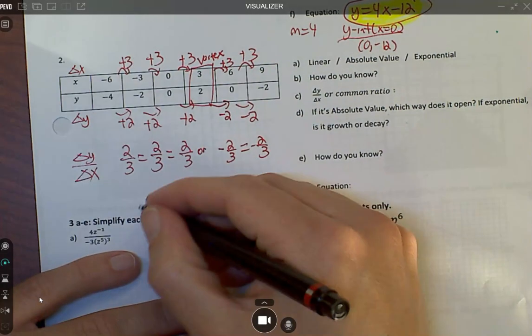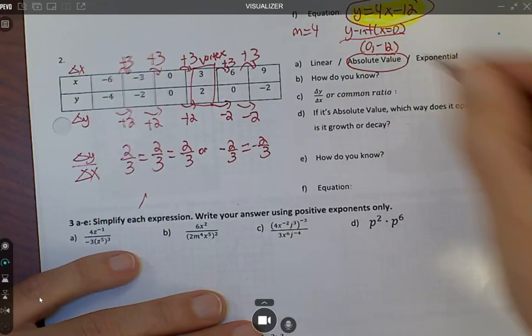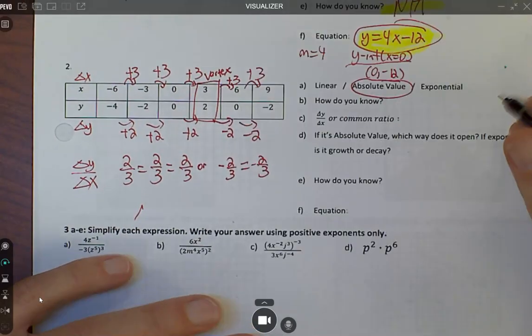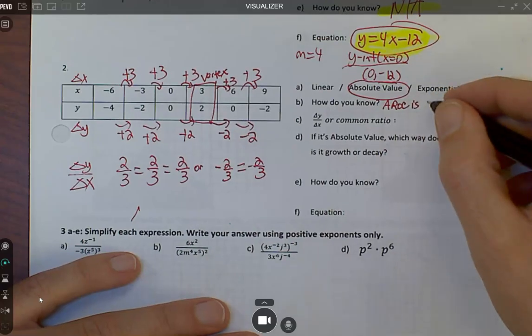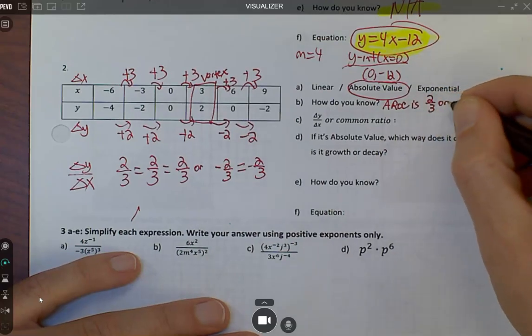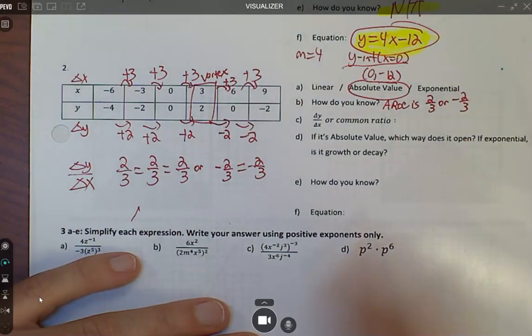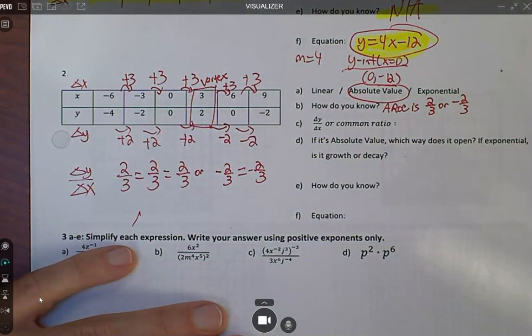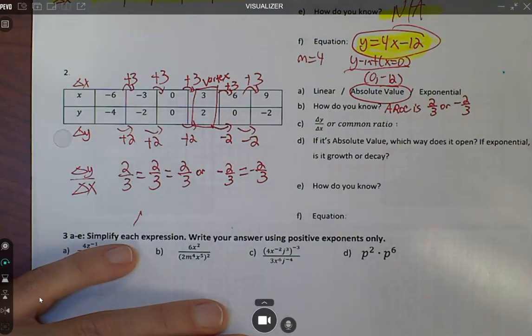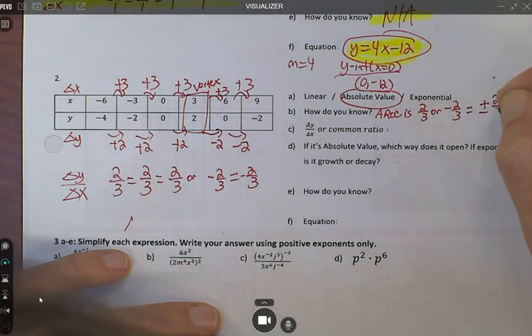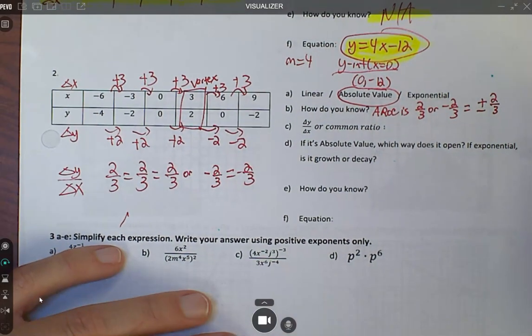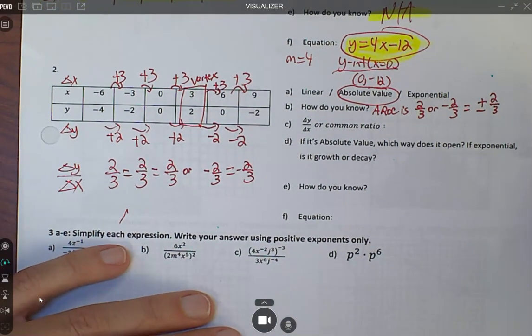Okay, this is absolute value. How do you know? So how do I know it's absolute value? 2/3, it's the positive and negative version. And you can write, I think in like Math Excel, you could put plus minus 2/3.